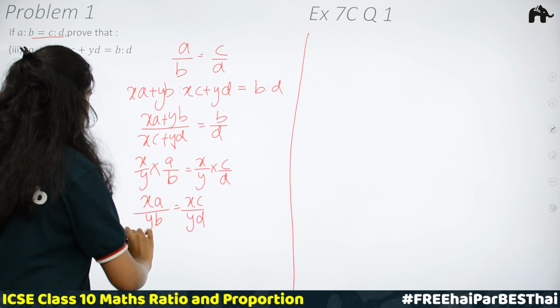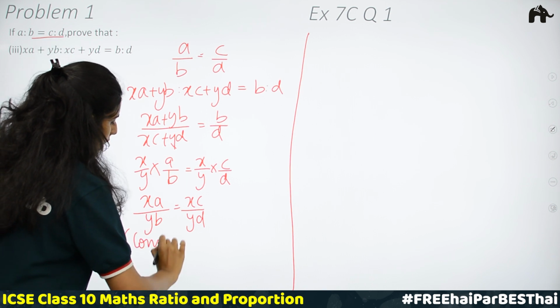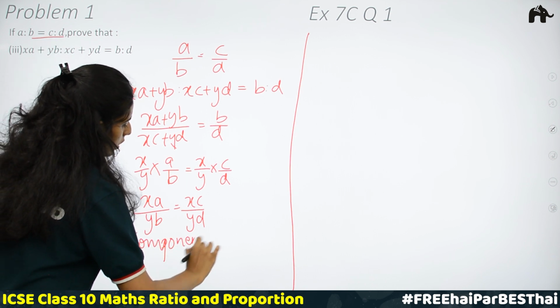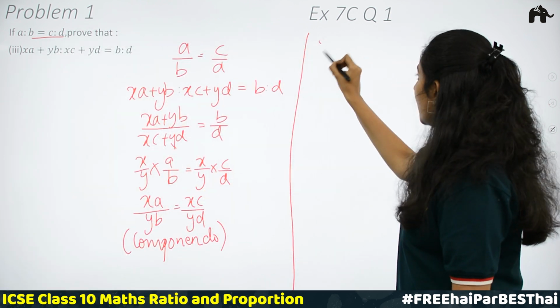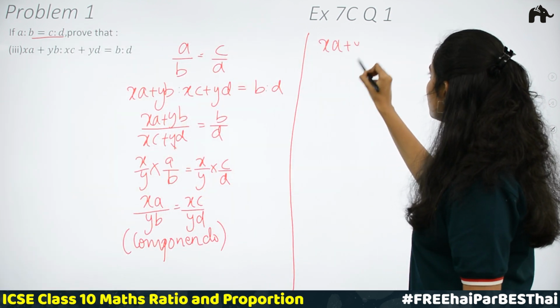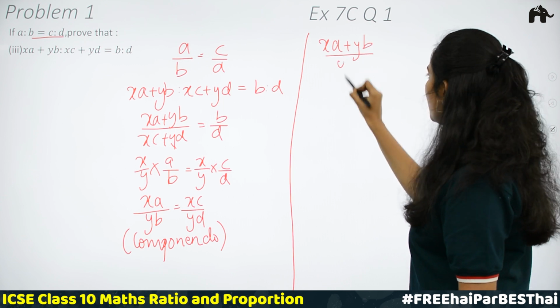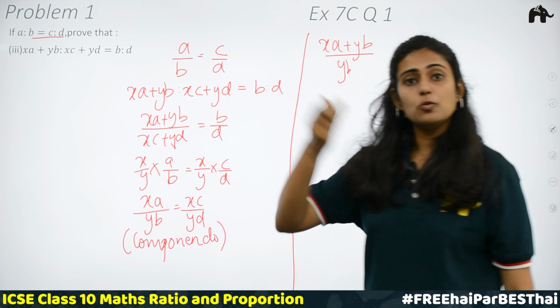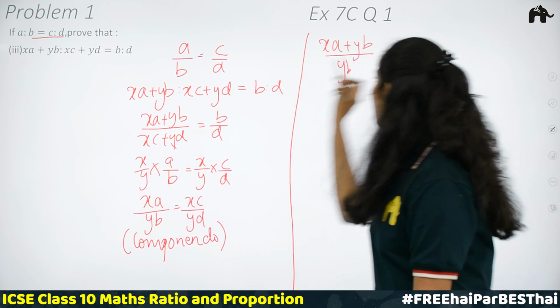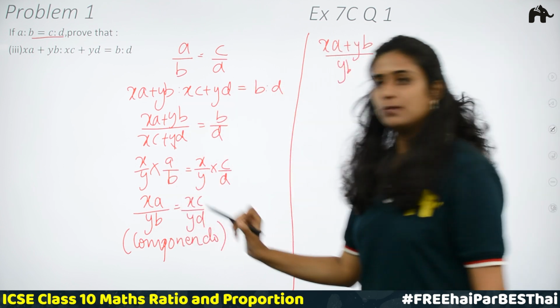Now, applying the componendo property, what do you get? xa plus yb divided by yb. According to the componendo property, we will be adding numerator and denominator to get the numerator. Denominator will be the same.